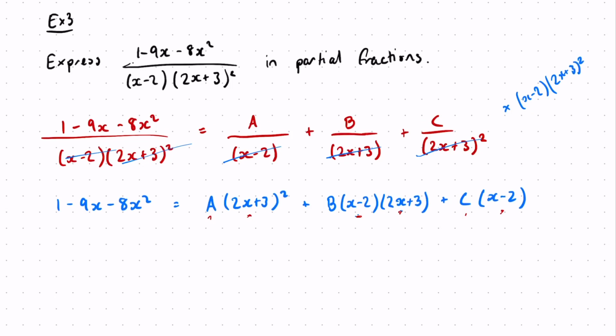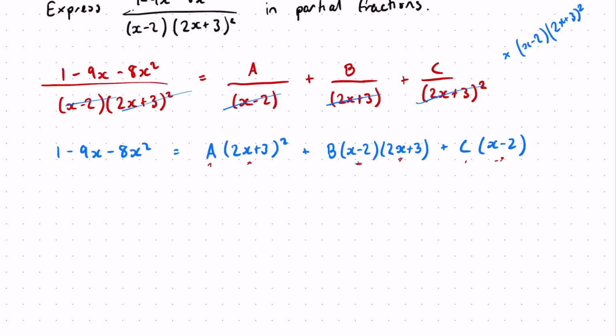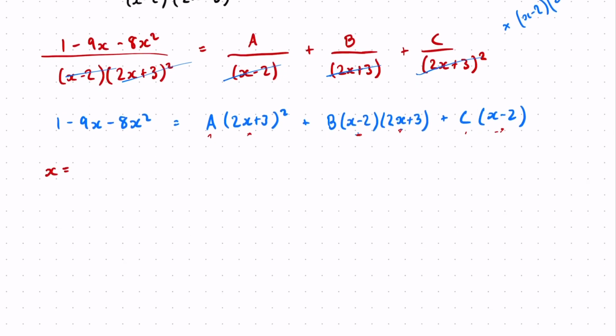So the first thing I'm going to do is cancel out my C bracket by doing x is equal to 2.